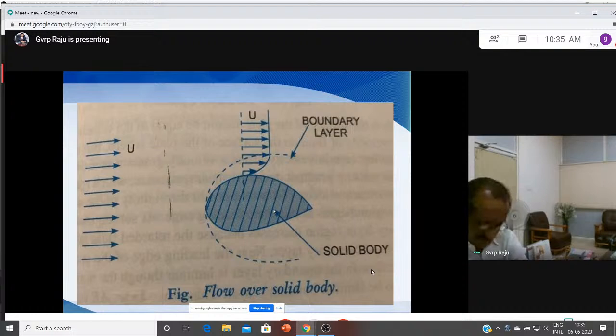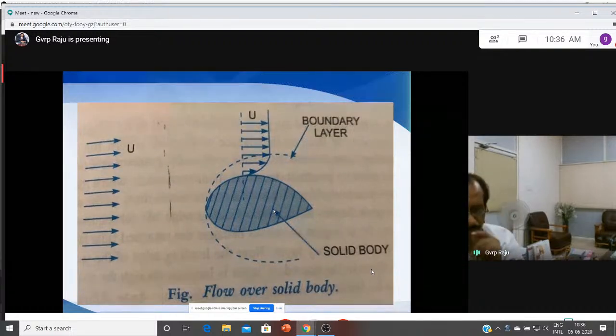Once again, in this case also, the fluid adheres to the moving solid body, and it moves with the same velocity as that of the solid body. Important point here. In the earlier case, the solid body is stationary, and the fluid adheres to it on account of viscosity and has the same velocity as the solid body, which is called the no slip condition.